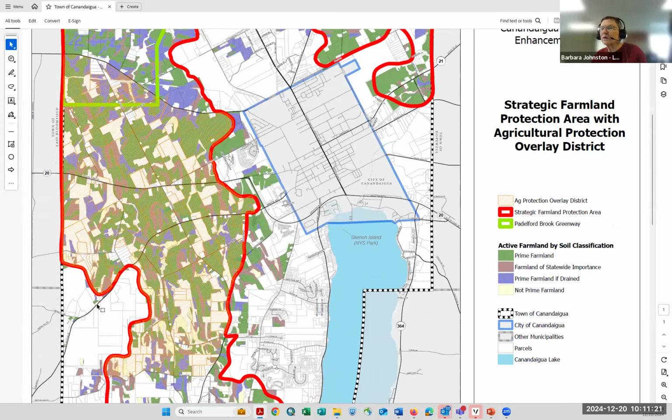But I think the third way would be to exclude any parcels that are partially out. Yeah, you're right. You could do it all three ways. So that's our status. I'll leave it to you to direct us how we want to show the legal ag protection overlay district, which of those three ways.